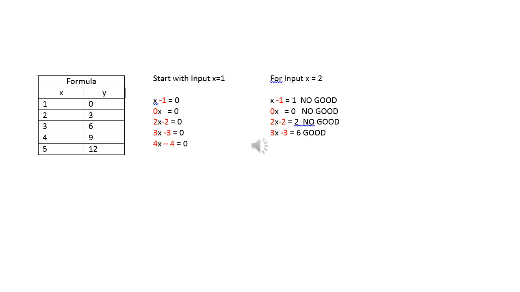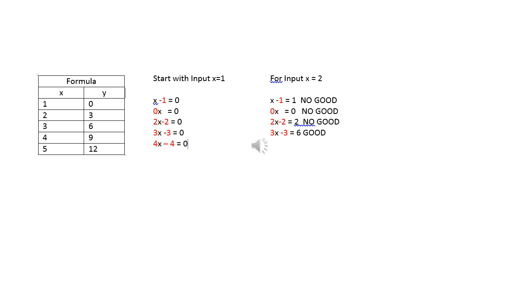If we do 0 times 2 equals 0, that's also not the output we want, so that's no good. If we do 2 times 2 minus 2, we get 2. That's also no good. But if we do 3 times 2 minus 3, we get 6, and that's what we want, so that's good.